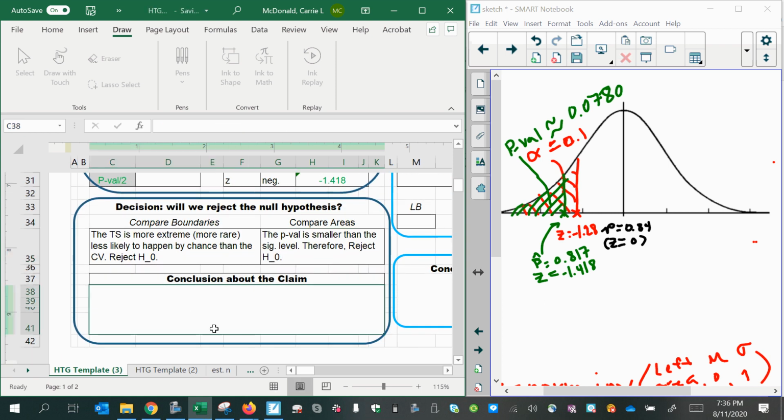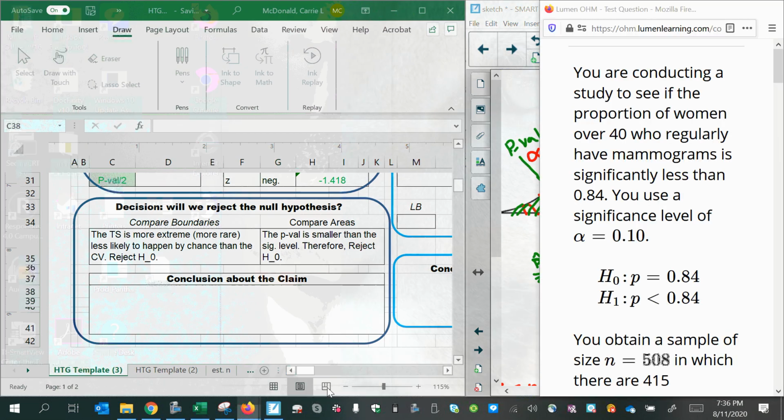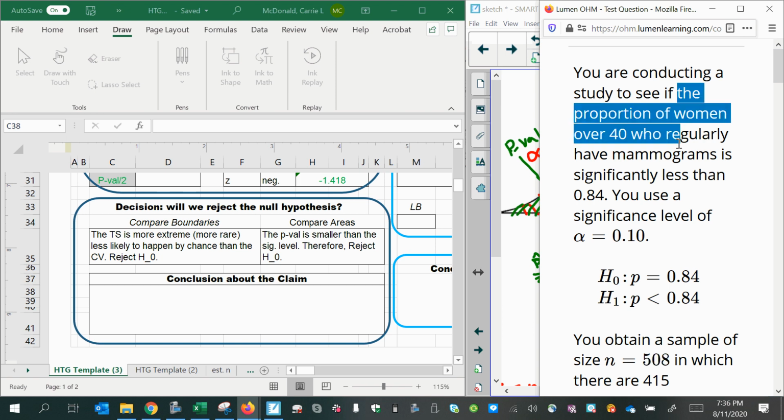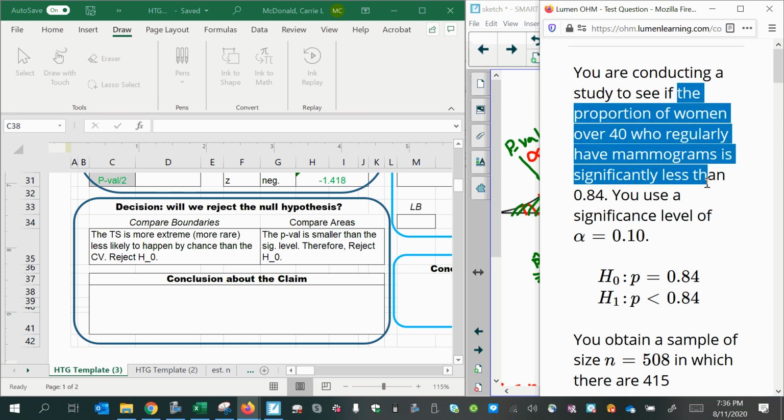So now we're ready to draw a conclusion about the claim. Remember that this step always talks about the original claim and never about the null hypothesis. So I'm going to word my conclusion using the context of the problem. Here's my claim in words. The proportion of women who regularly have mammograms is significantly less than 0.84.